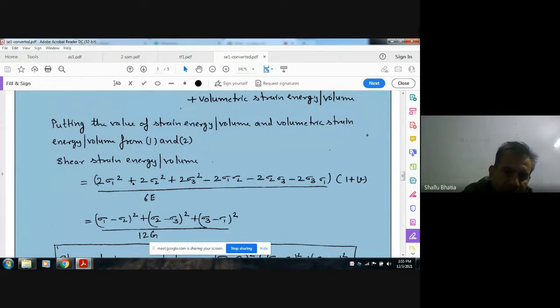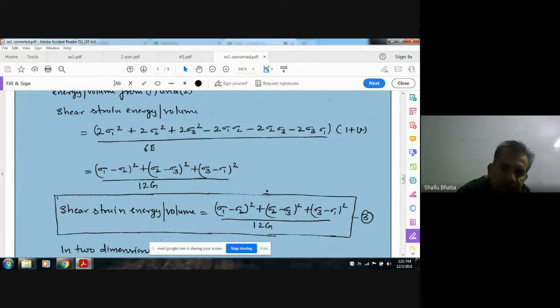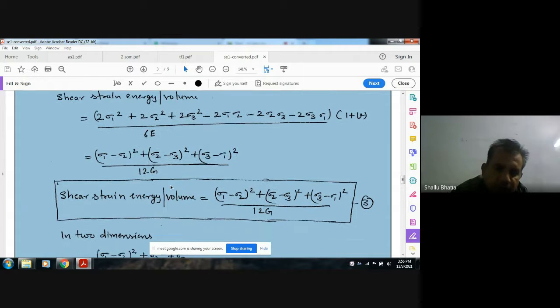So this is the result. 2 sigma 1 square plus 2 sigma 2 square plus 2 sigma 3 square minus 2 sigma 1 sigma 2 minus 2 sigma 2 sigma 3 minus 2 sigma 3 sigma 1, divided by 6E, and using the E and G relationship, 1 plus mu, we can write sigma 1 minus sigma 2 square, and similarly the other terms. Then it will be shear strain energy per unit volume.